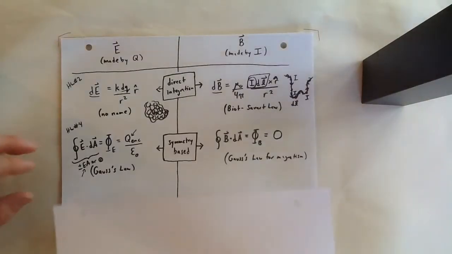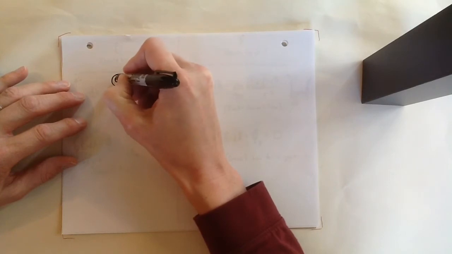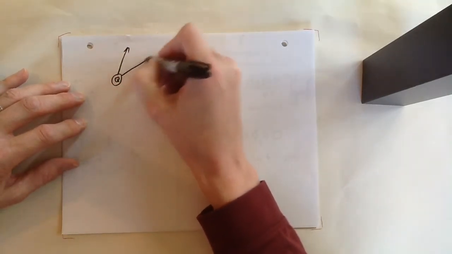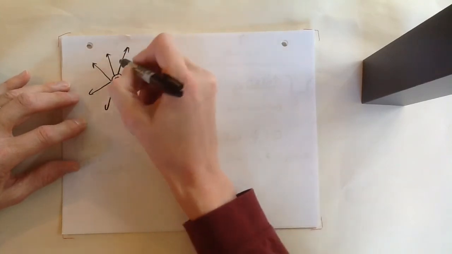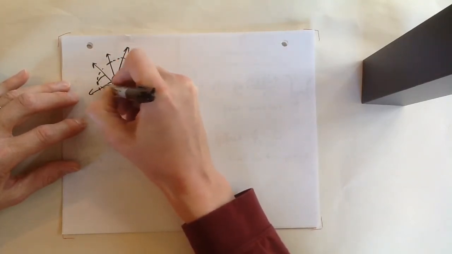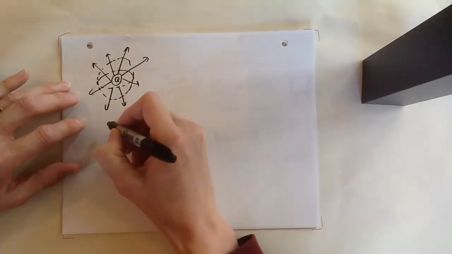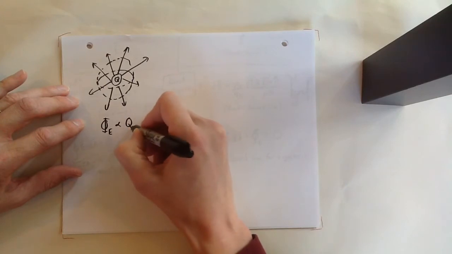If we're comparing the two, for Gauss's law we have some charge, and it makes some electric field like this. And if we surround it with a closed surface, remember that's what Gauss's law uses, a closed surface, okay? It's telling us that the electric flux is proportional to the charge enclosed.